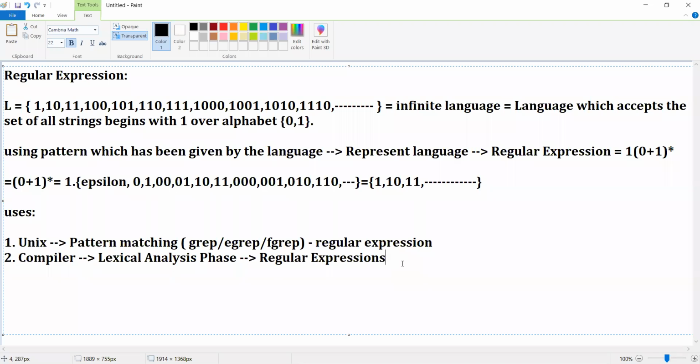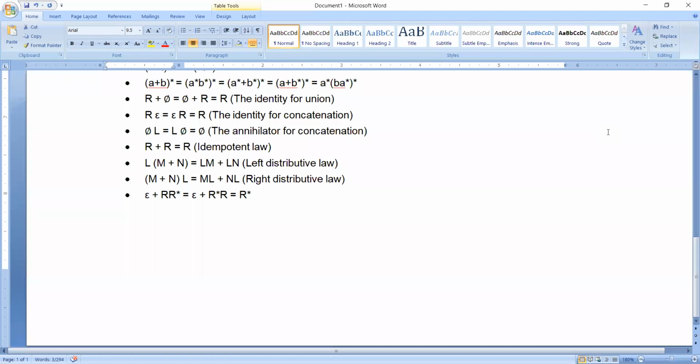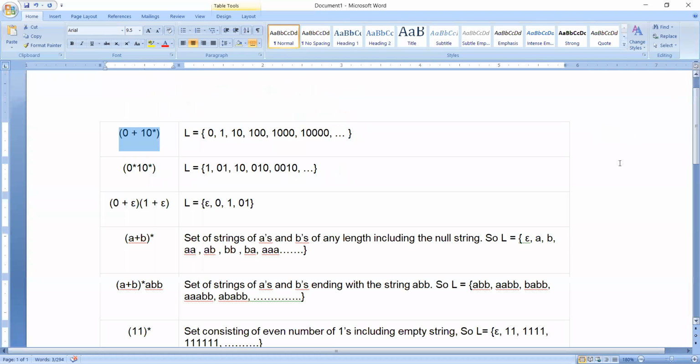Okay, so that is the reason why, instead of representing our language in the form of a set, we now call it a regular expression. Now here please try to understand. Any queries regarding regular expressions?